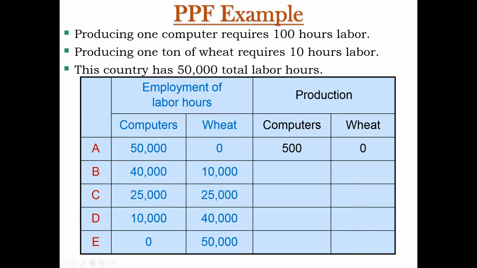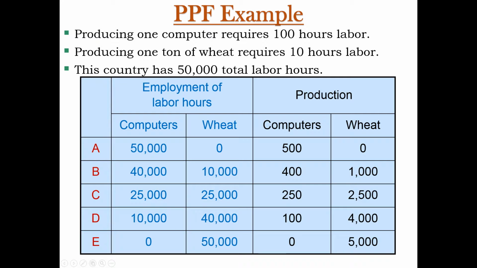These are some other combinations, right? We might call them point B, C, D, and E. If we devote 40,000 labor hours to computers and 10,000 to wheat, we would get 400 computers produced and 1,000 tons of wheat. And then so on and so forth. Point C, 25,000 labor hours would be converted to 250 units of computer production, and 25,000 hours of labor devoted to wheat production would translate to 2,500 units of wheat production, and so on and so forth.